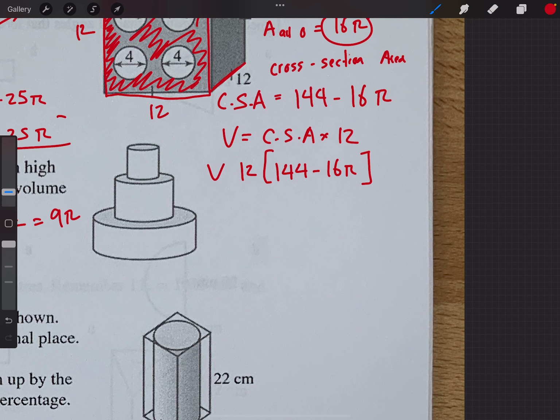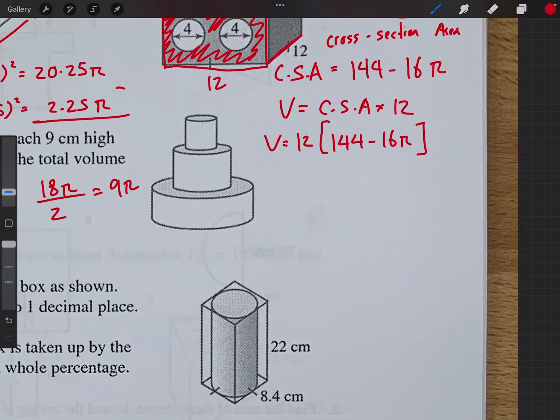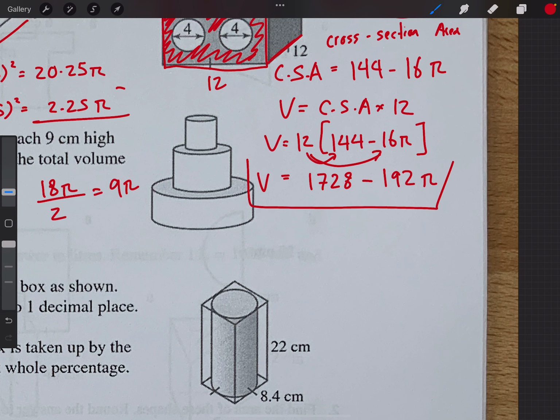So volume is equal to that. Now if you're asked to find the exact volume, you can just expand this, and we can say 12 times 144, that'll give me 1728. Take away 12 times 16, and that'll give me 192 pi, and that will be your exact volume answer.